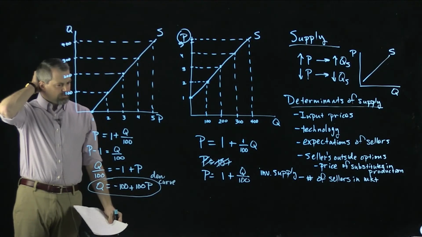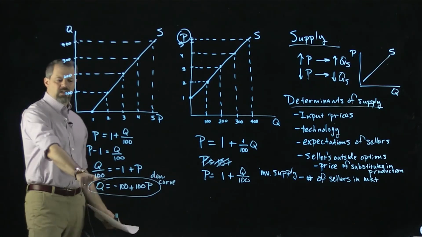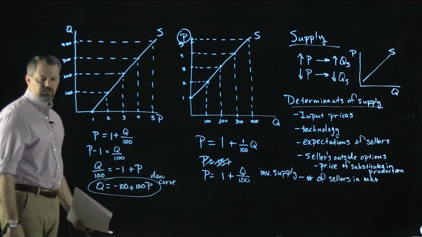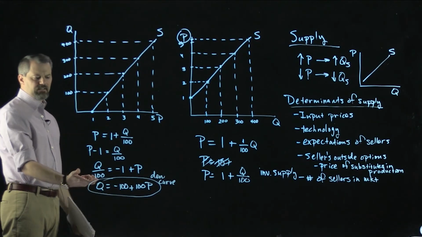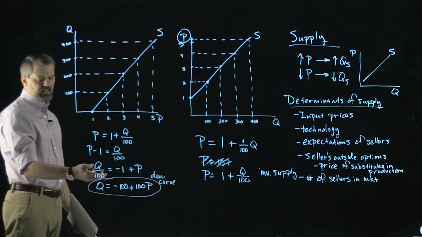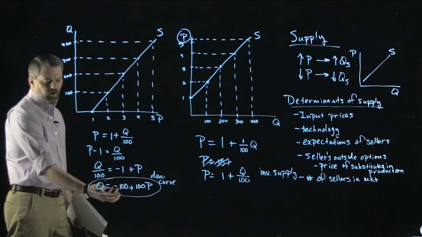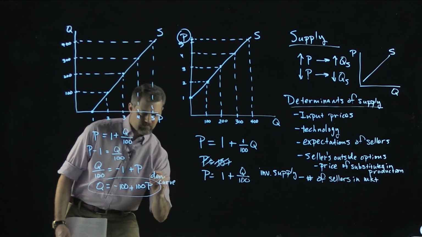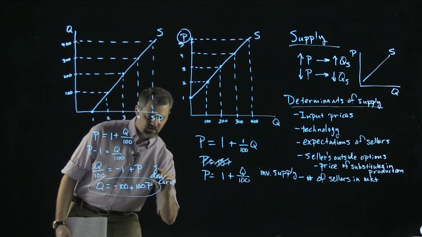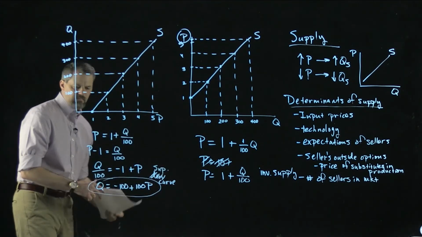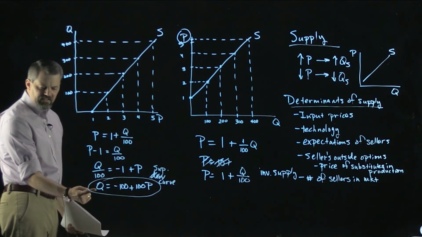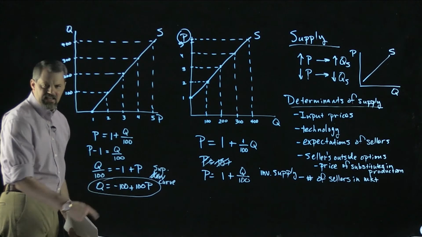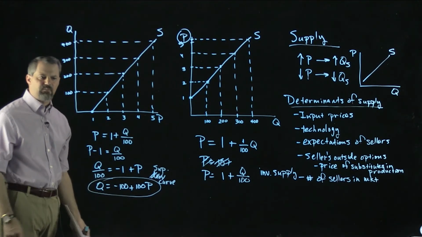Now, here's what you want to be careful about. You don't want to let this negative 100 confuse you. A lot of times it's common in my class for students to be working with this supply curve and to see that negative 100 and think there's some kind of mistake.